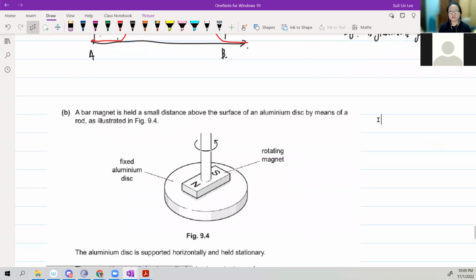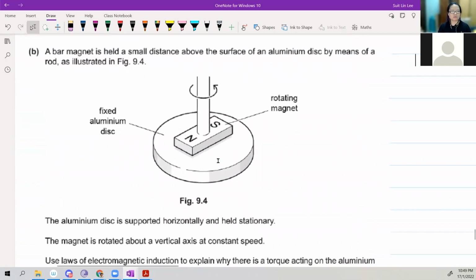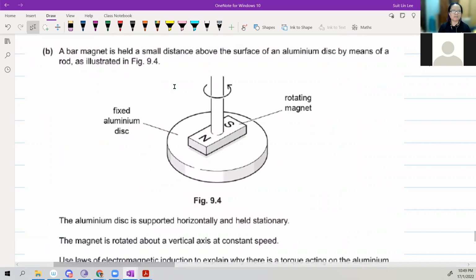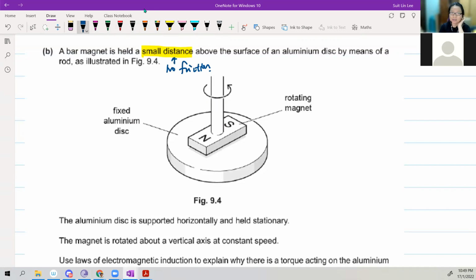So in this scenario, you have a bar magnet held a small distance above the surface of the aluminium disc. If it's held a small distance above the surface, that means there is no friction between the magnet and the aluminium disc. The aluminium disc is supported horizontally and held stationary.